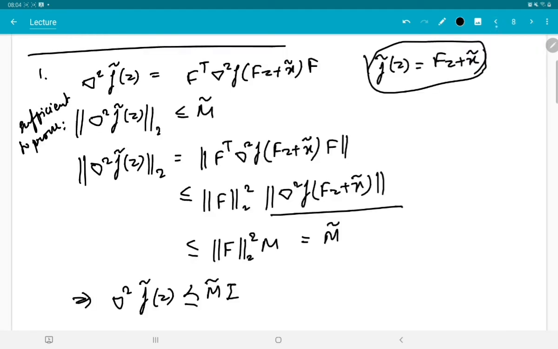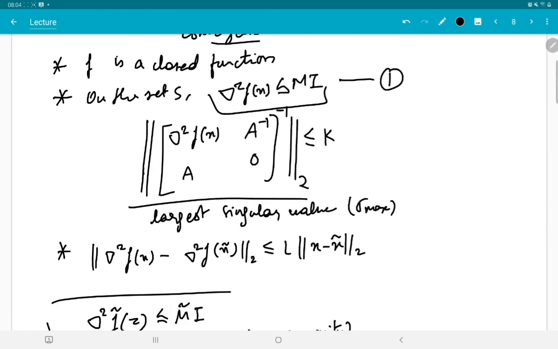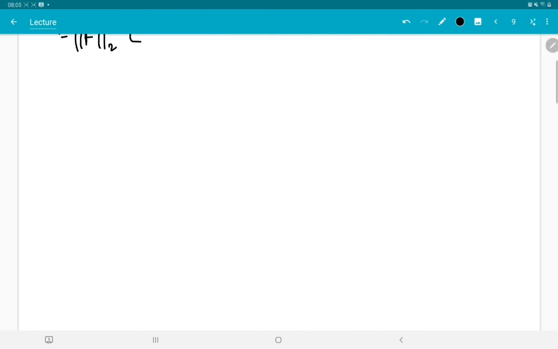The third implication is this condition. For the objective of our problem, if the Hessian is bounded and the singular value of the inverse of the KKT matrix is bounded by K, then if we have these two conditions, we have this.